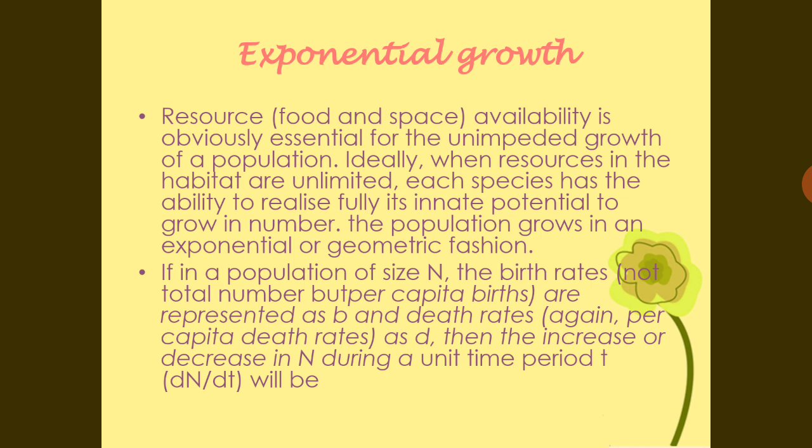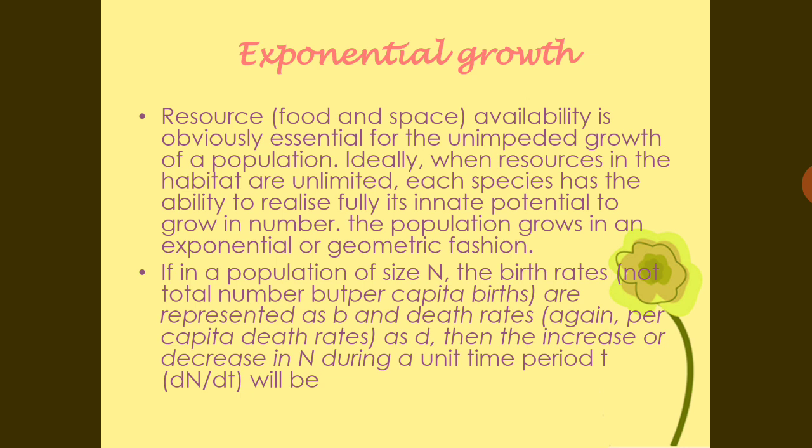According to Darwin, when resources in the habitat are unlimited, each species has the ability to realize fully its innate potential to grow in number. This intrinsic rate of natural increase is also called biotic potential, and it is denoted by small r. The value of small r is an important parameter to assess the impact of environmental factors on population growth.